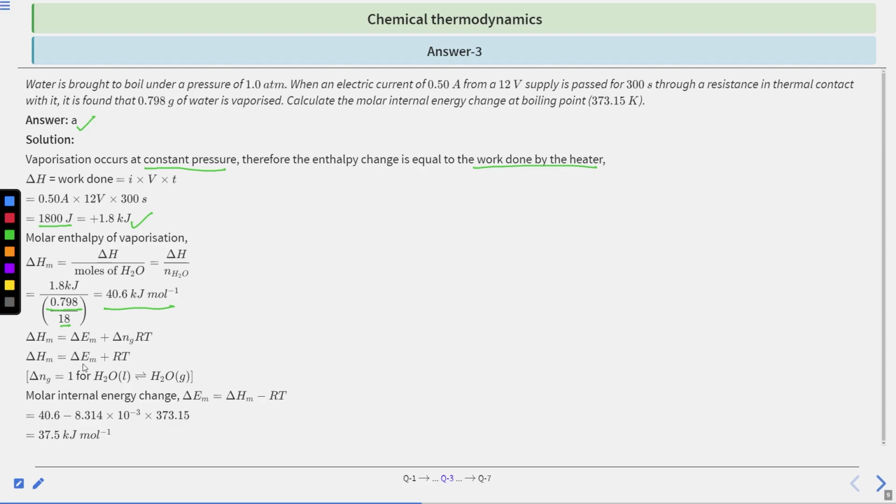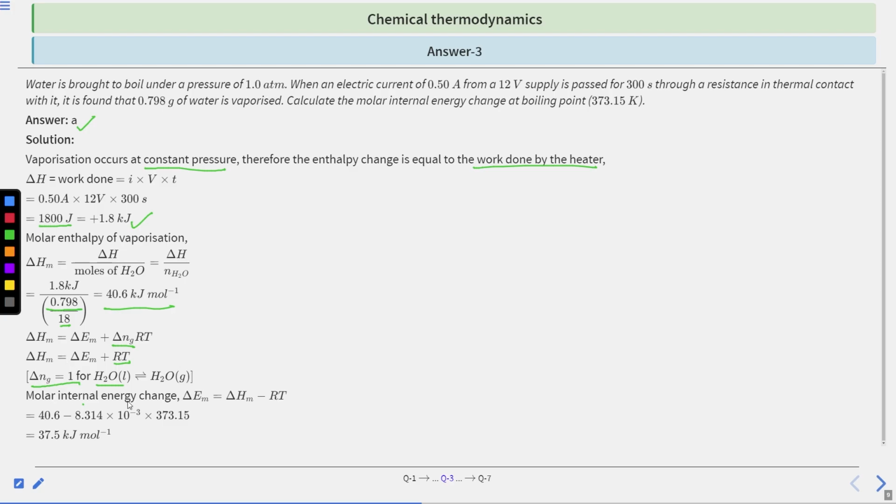So del Hm will be equal to del Em plus RT, because del Ng is 1 here, right? We have talked about this. Water goes from liquid to gas, that is water to vapor state, so del Ng will be equal to 1.